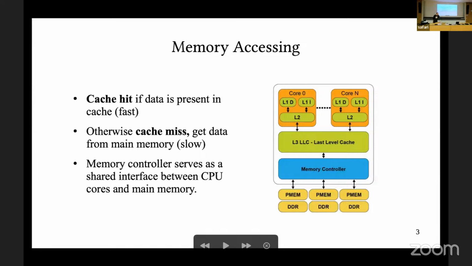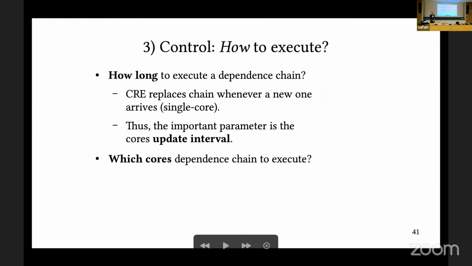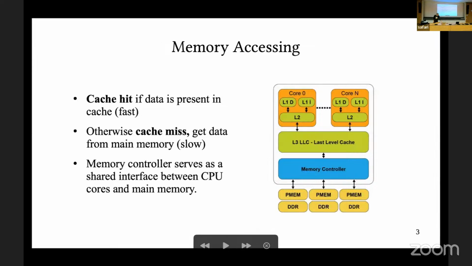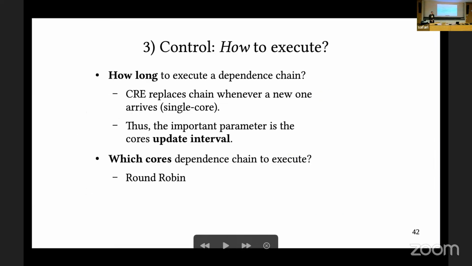Another thing we can look at is, usually we have multiple cores, right? So which core's dependence chain do we actually pick? There's a pretty straightforward policy here in the paper. Round robin is where everyone gets its execution window for some time, and then it's the next guy's turn.